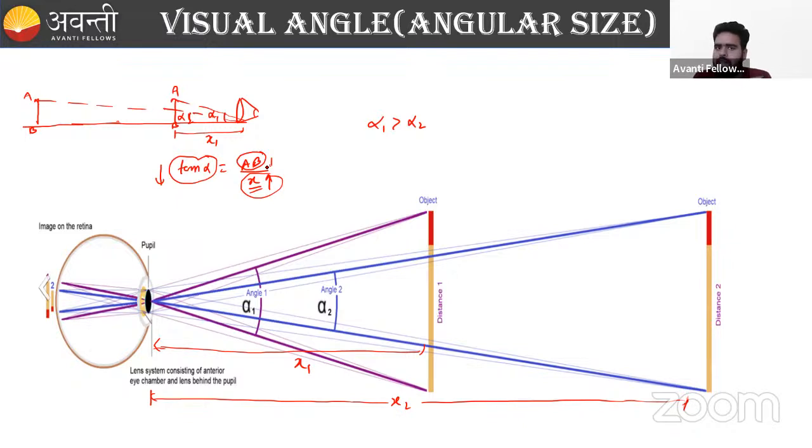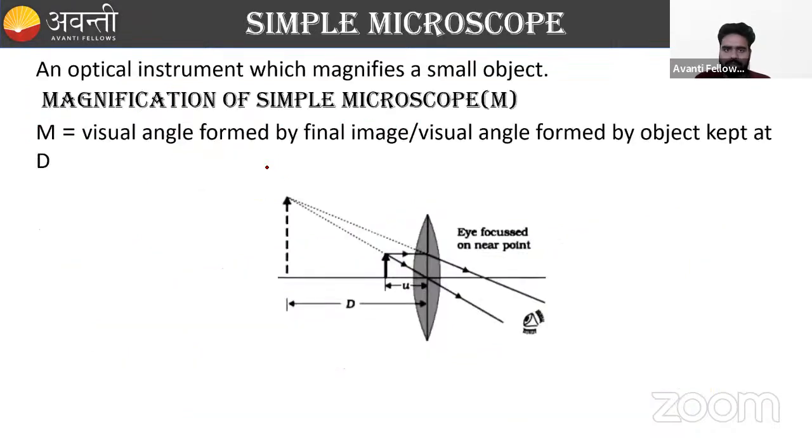So we have to be very clear about the difference between microscope and telescope. A microscope is used to see small-size objects, but a telescope is used for distant objects. Correct? I hope this is clear for you.